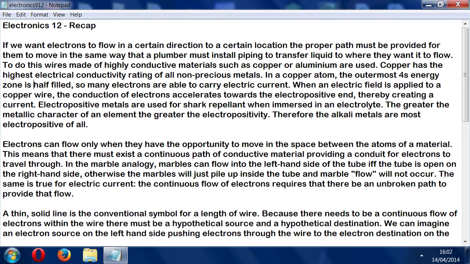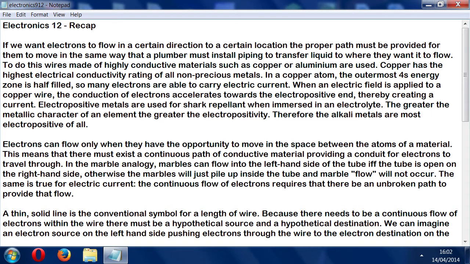But fundamentally, what I've been saying here is not particularly difficult. It's why I didn't write too much here, because basically I did say kind of the same thing a few times in a row. Again, it's good to see it here. So there's a continuous path of conductive material providing a conduit for electrons to travel through.